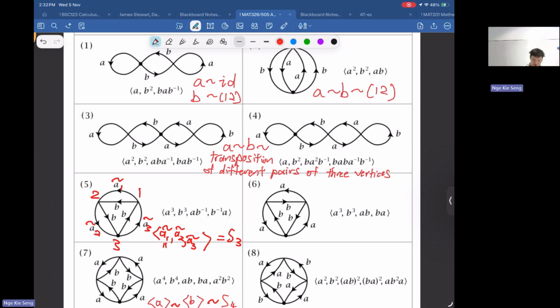Maybe A1 tilde here is (1 2), A2 tilde here is (2 3), and A3 tilde here is (1 3). If I label the pre-images of the base point as 1, 2, 3, you do a loop around this base point, then you go from 1 to 2 using A2.